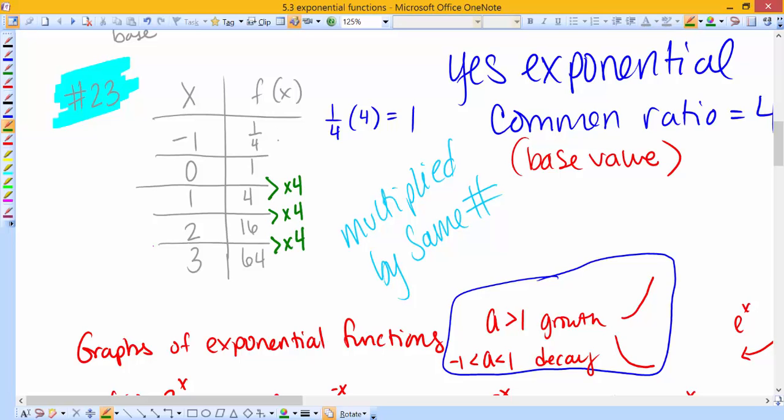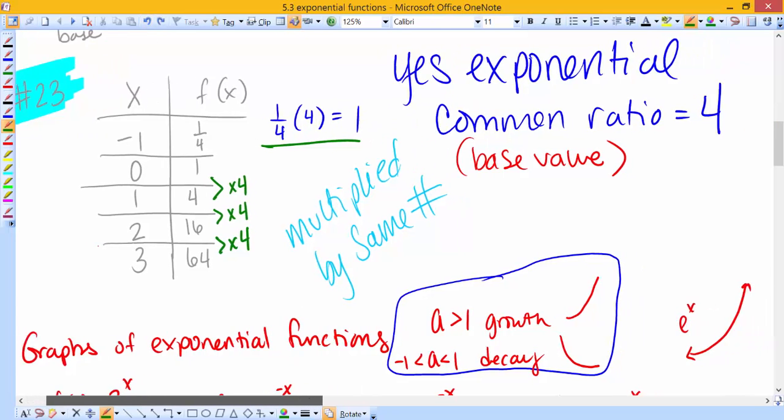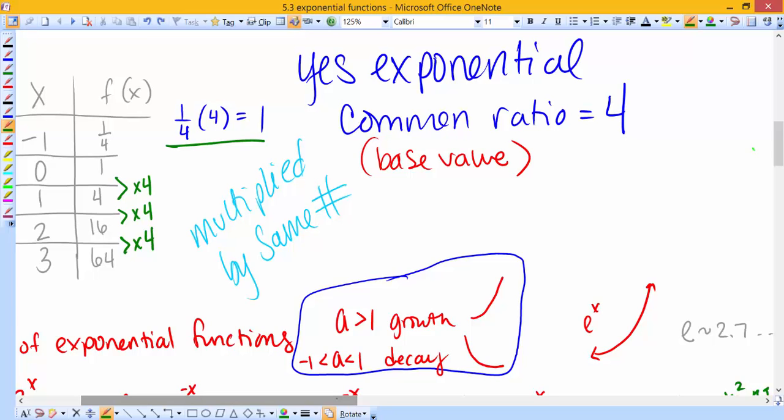And then go back and double check. If I multiply 1/4 by 4, do I get 1? Yes. Since it is multiplying by the same number, this is exponential, and the value of the base is 4 because that is what is being multiplied by.